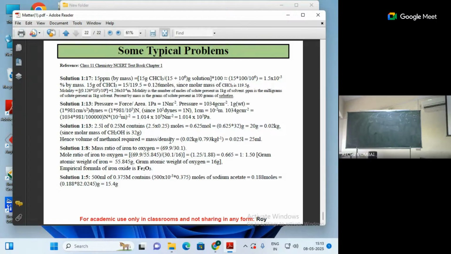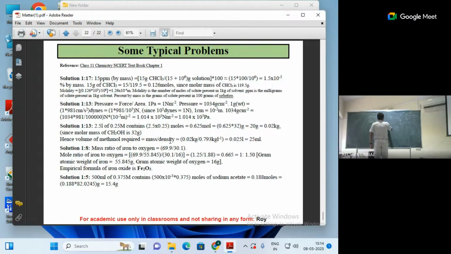Stoichiometry. Okay, a problem, an easy one. Find the molality and molarity of a 15% solution of H2SO4.